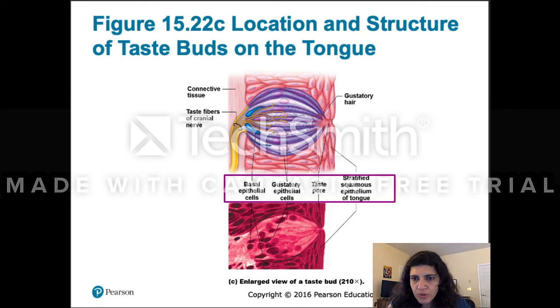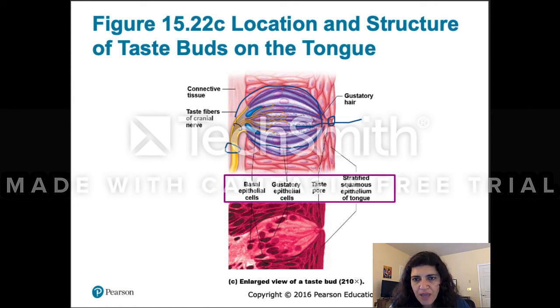So this is a taste bud. One of those little blue things that I showed you in the previous picture is actually this. And this is the taste pore. You see? So the chemical comes through here. And then you see where the neurons from the gustatory nerve come from? So all the way here. Remember, the hypoglossal nerve is the one that sends fibers to the taste buds.